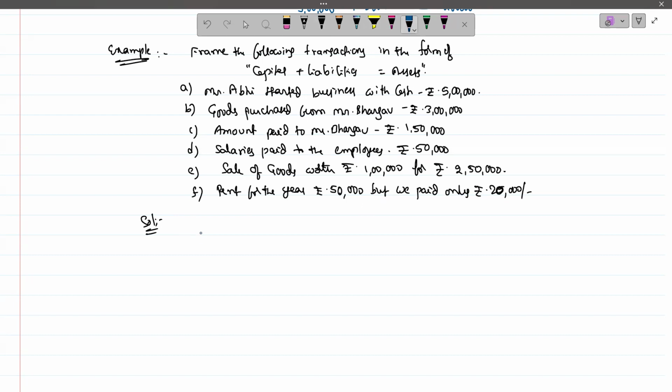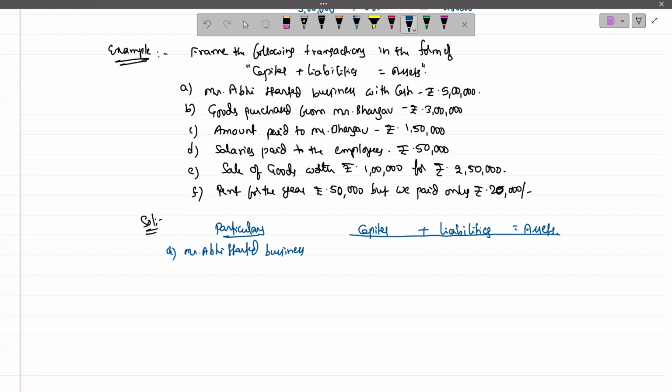Okay. So first, coming to the first transaction. Mr. Abhi started business, and it means he brings the amount into the business.